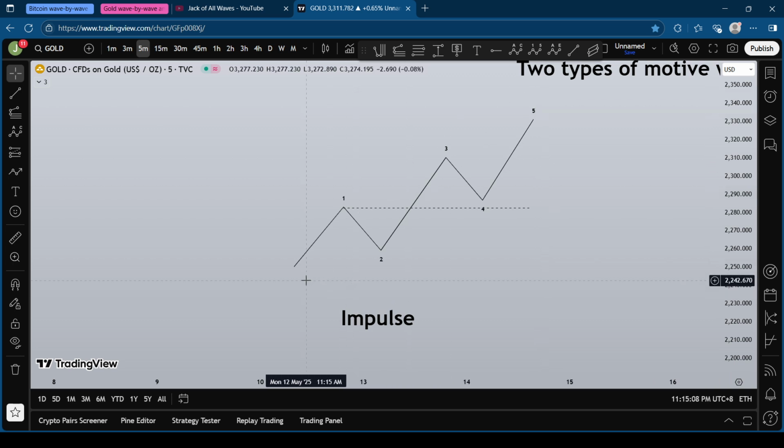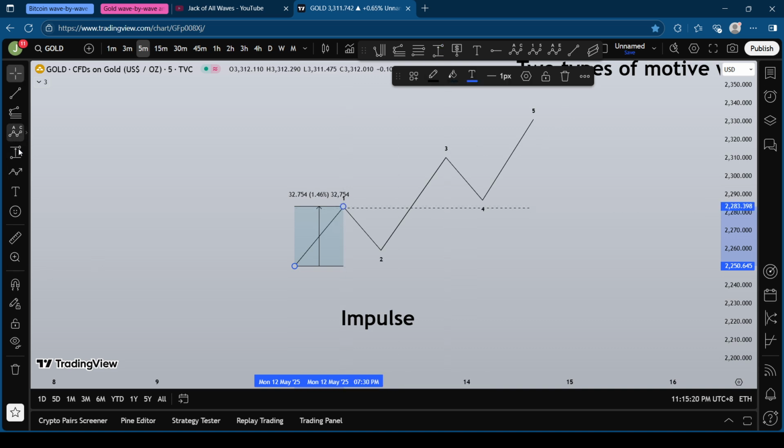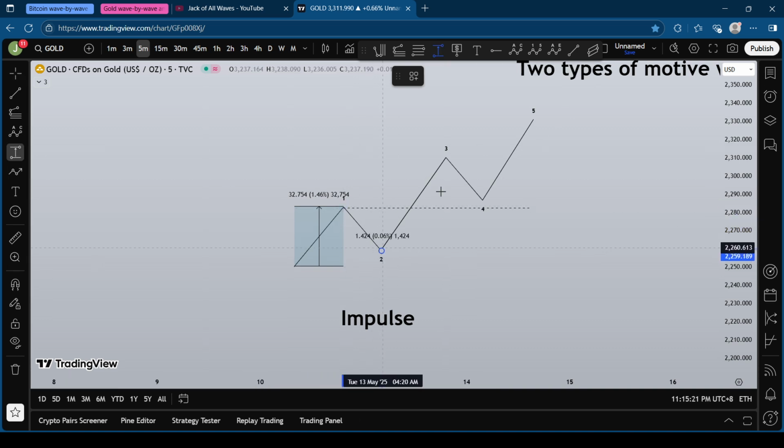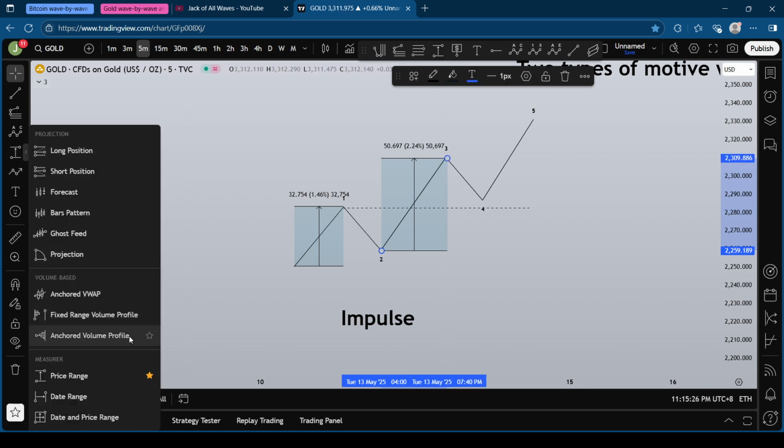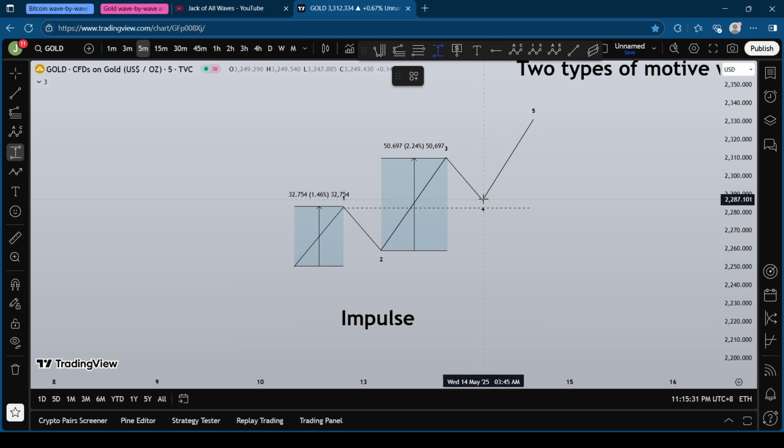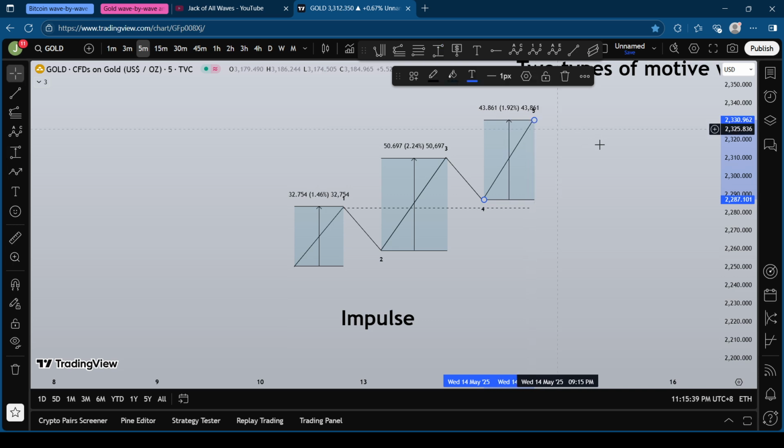When you say wave 3 cannot be the shortest, if you want to check your wave counts, all you have to do is check the length of wave 1 and compare it to the length of wave 3. Use the price range and measure the origin of your wave 1 to its peak, the origin of your wave 3 to its peak, and then compare.